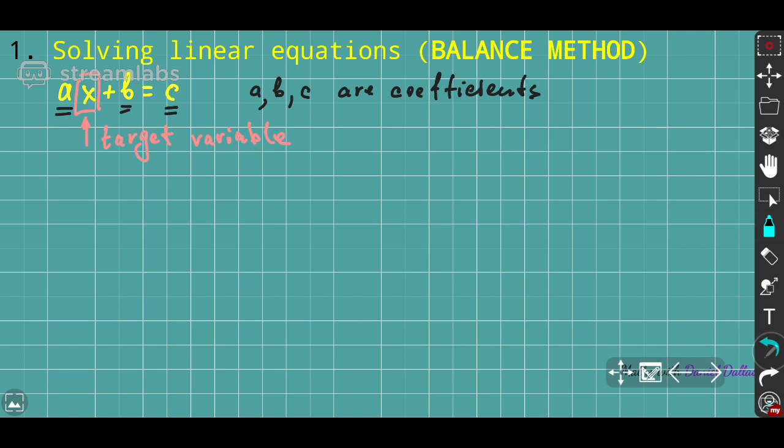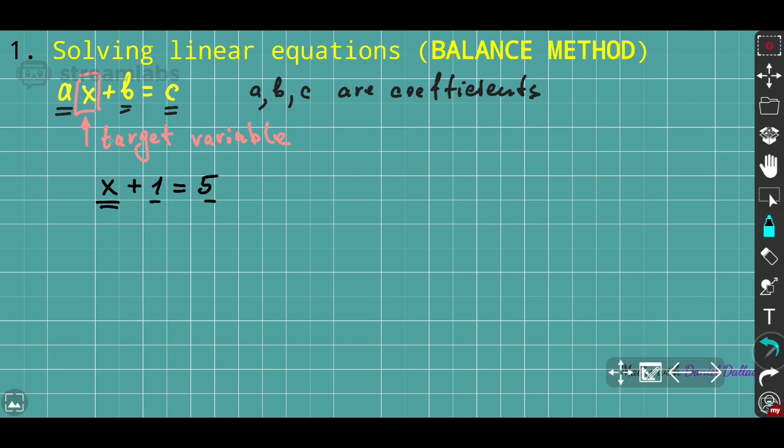I'll show you the idea on a first simple example. Let's say we have x plus 1 equals 5. That's pretty easy, and definitely basics that you need to know. So x is the single variable here, and 1 and 5 are just some numbers.